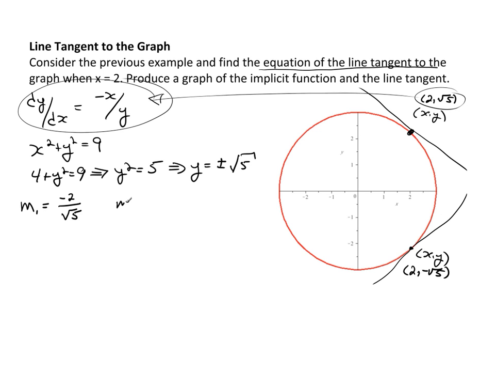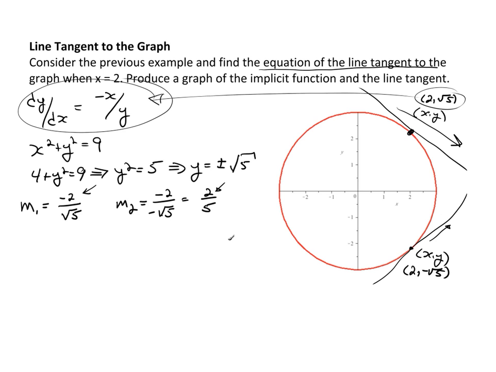So that means that m2 will be equal to negative 2 over negative square root of 5, which is simply 2 over root 5. Now this makes sense because notice this is a negative slope. Clearly I have a negative slope here. And this is a positive slope. And clearly I have a positive slope here.